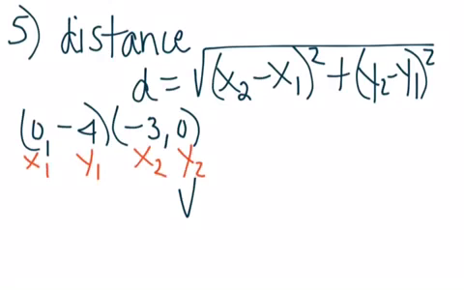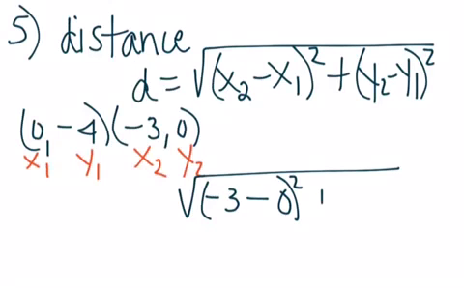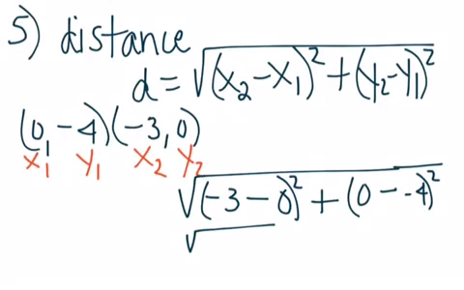So now we've got the square root. x2 is negative 3 minus, because it's in the formula, x1 is 0, plus y2 is 0 minus, because it's in the formula, negative 4, because that's y1. Negative 3 minus 0 is a negative 3 squared. 0 minus a minus 4 is 4 squared.